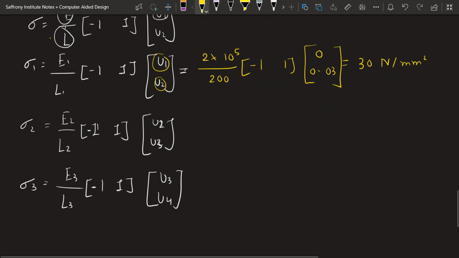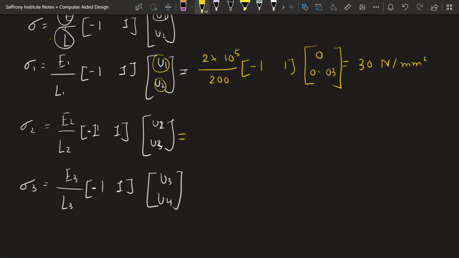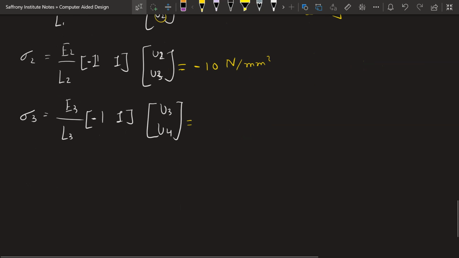Similarly, if you simplify the next equation, you should get 10 Newton per mm square, negative, and similarly this one will be negative 20 Newton per mm square.